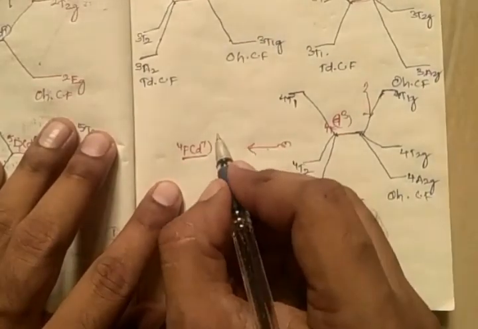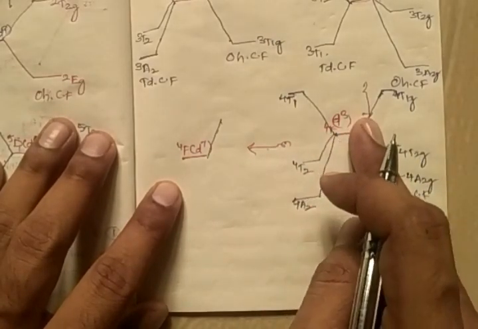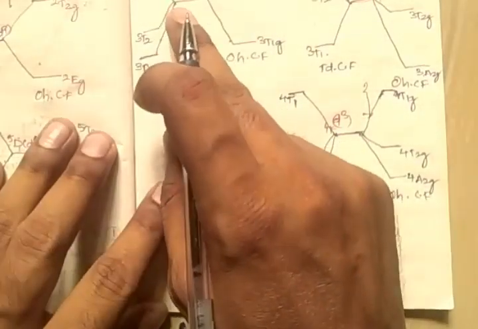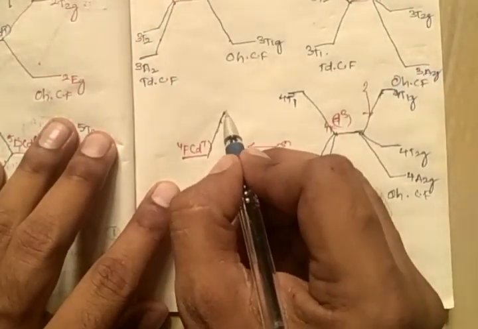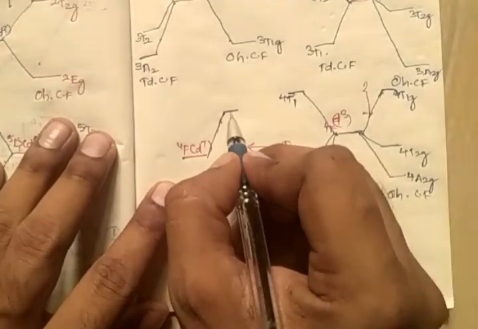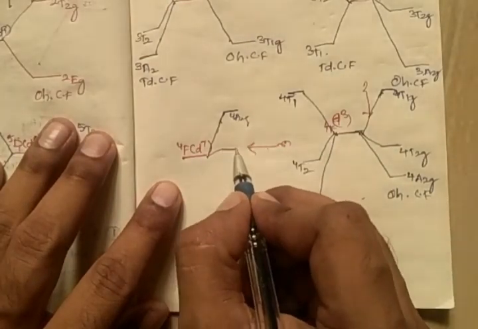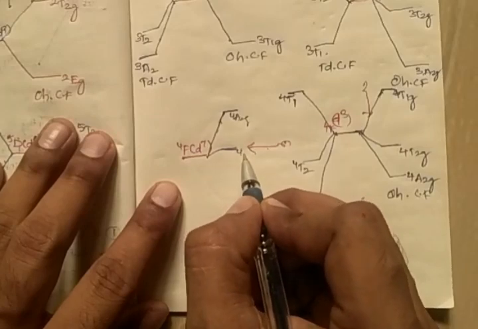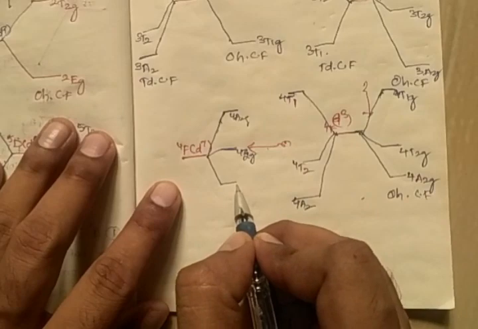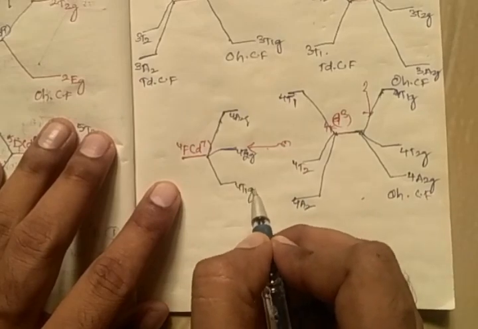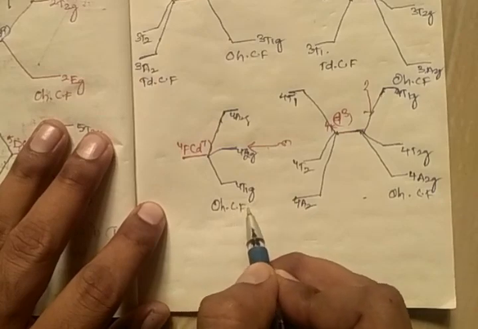Here the splitting pattern will be reverse to the 4F of d3 but similar to the 3F of d2. So the highest energy state will be 4A2g, the next higher energy will be 4T2g, and the lowest energy state will be 4T1g, in octahedral crystal field.